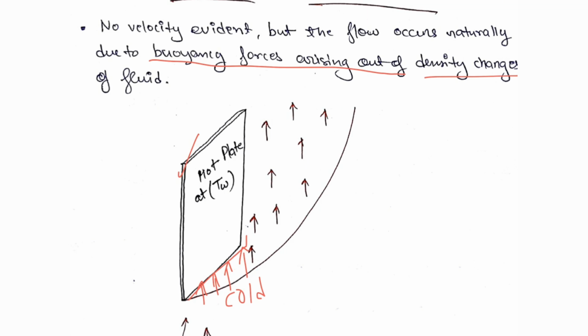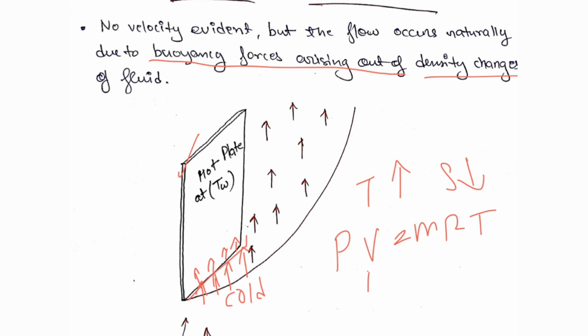As soon as this cold fluid comes in contact with the hot plate, what happens? The temperature of the cold fluid will increase. As the temperature increases, the density of the fluid will decrease, because if you see PV is equal to mRT, assuming air as an ideal gas, this can also be written as P is equal to rho RT, and since you are in atmosphere, pressure is almost constant.